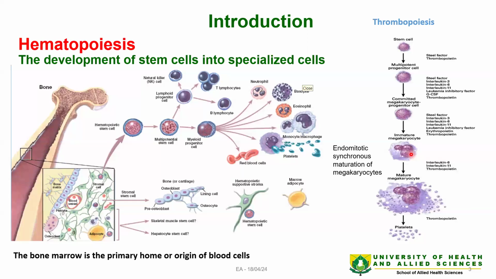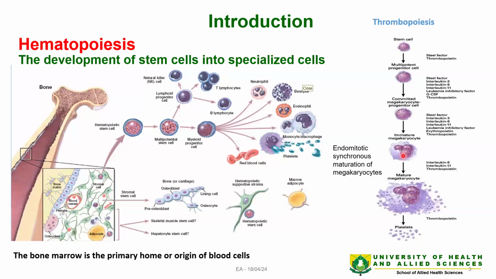Usually, anytime you have a nucleus of a cell dividing, it means that the cell itself is going to divide. But in this case, the nucleus divides without the cell dividing, and we call this endomitotic synchronous maturation. Endomitotic synchronous maturation.